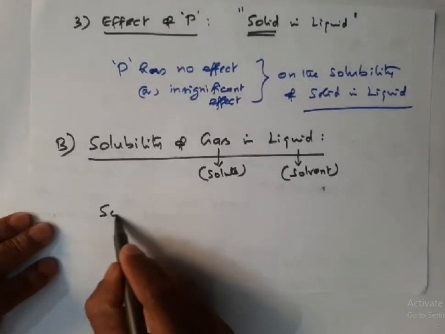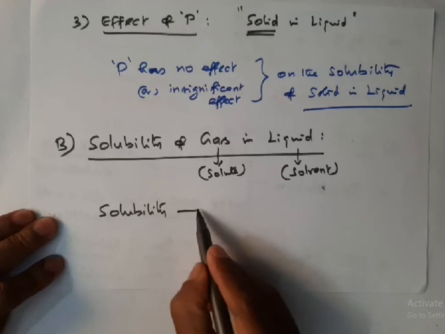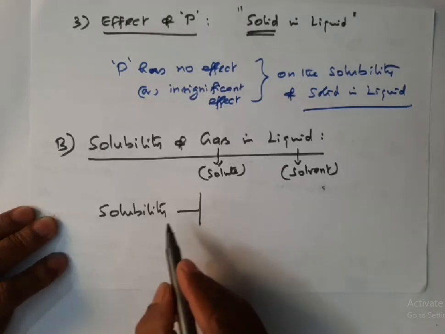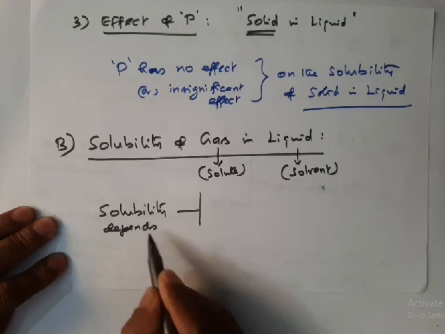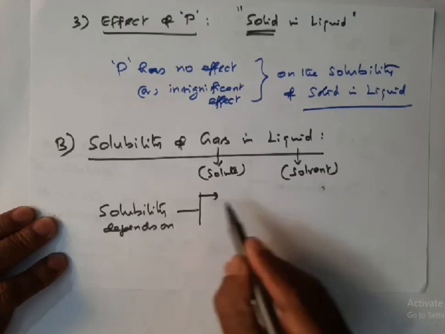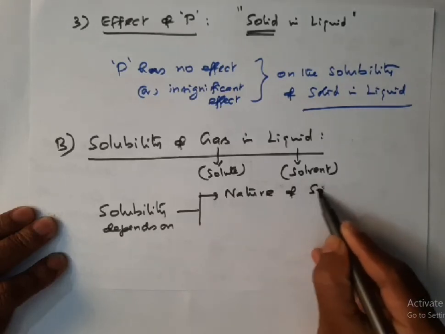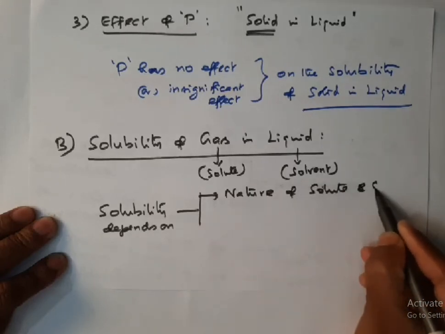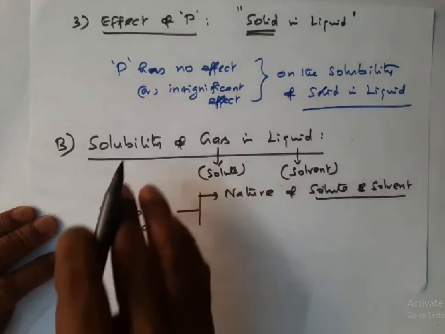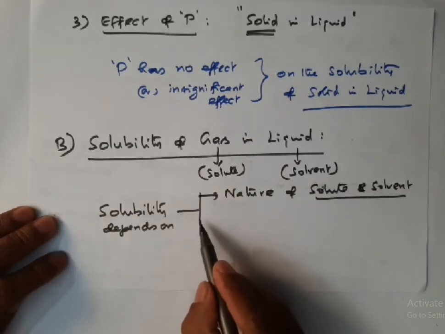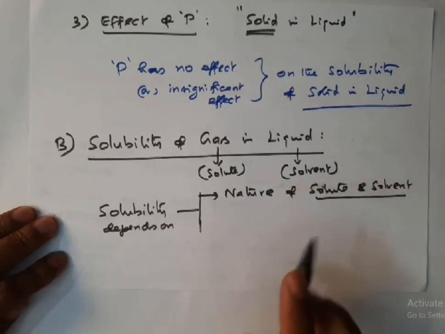Students, here also solubility depends on, number one, nature of solute and solvent. Since we have discussed this under the like dissolves like rule, I am not going to discuss it again.